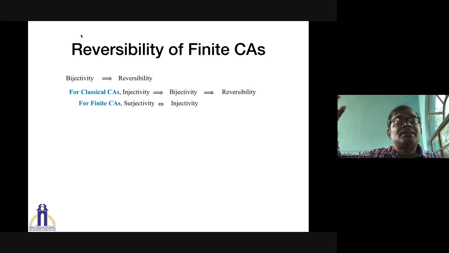In a surjective CA, the codomain is the set of configurations, so each configuration has at least one predecessor. So in case of finite CA, if it is surjective, then the CA is injective. I guess this was also mentioned when Kari was talking about the structural properties of CA. Take an example.